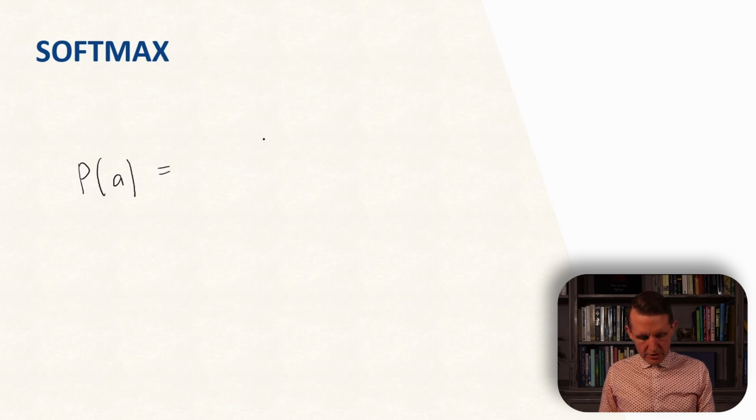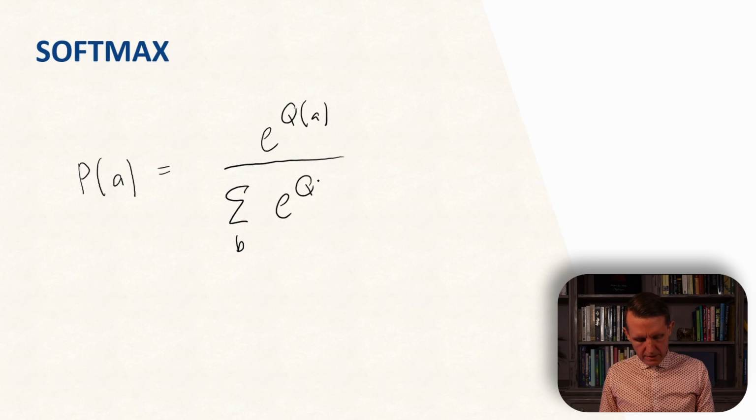A Boltzmann distribution says e to the power Q of A, divided by our denominator, the sum over B of e to the Q of B. In other words, the probability of selecting action A is e to the Q of A, where Q of A is the Q value of A, divided by the sum of the e to the Q values of all of the arms in the bandit.